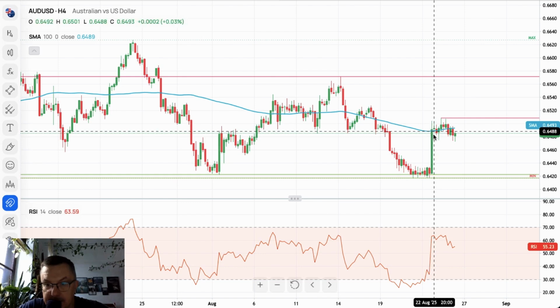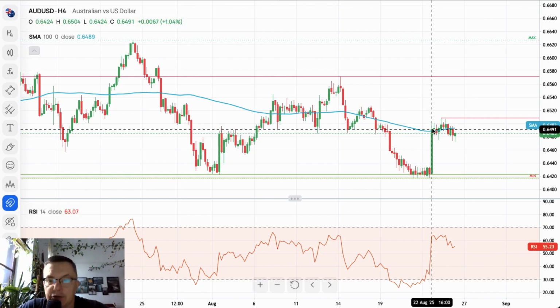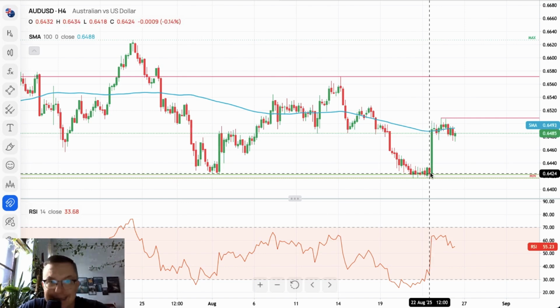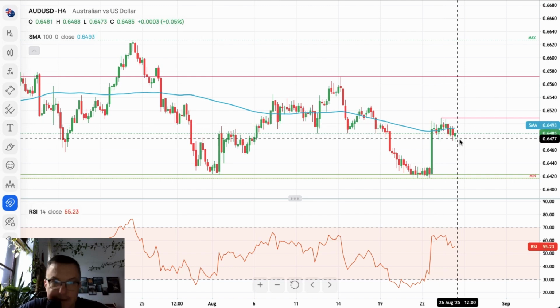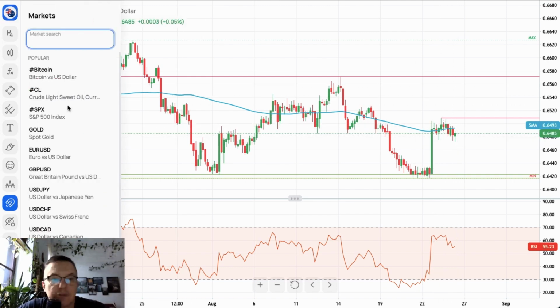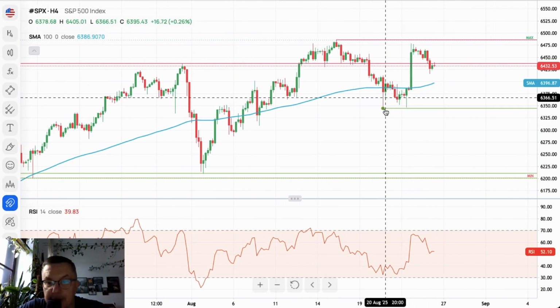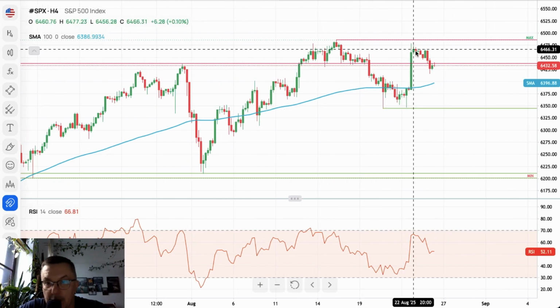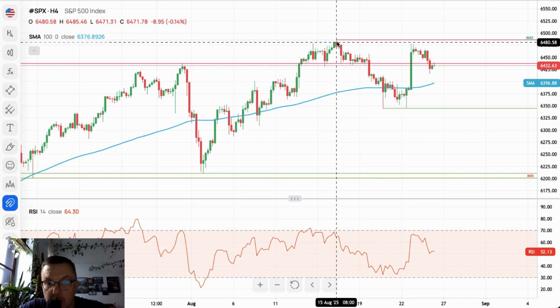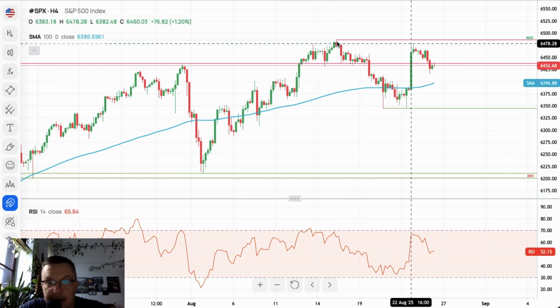Very big movement to the upside here on the Australian dollar yesterday, so we know that we've seen yesterday massive weakening of the US dollar across the board. Nevertheless, it looks like the market doesn't want to continue with this situation anymore. S&P 500 jumps back up from the level of 6,344. We almost hit the swing high from August 15th. Local swing high was established at 6,478.